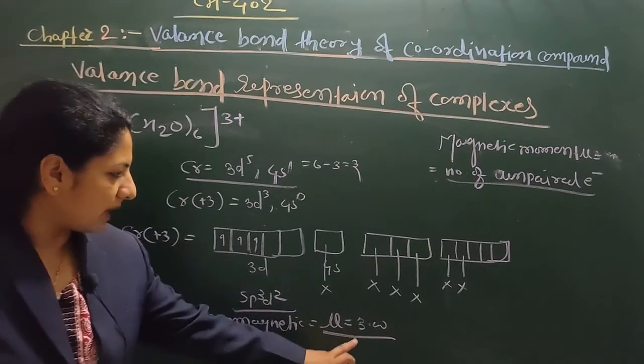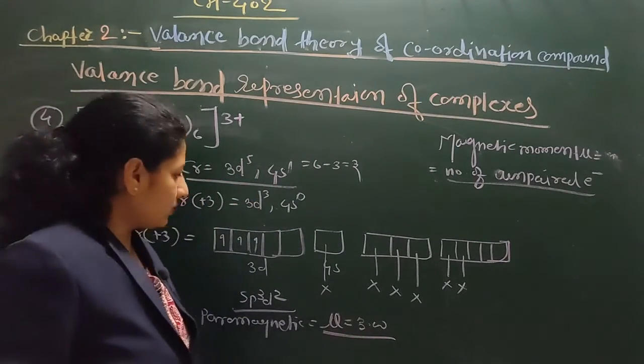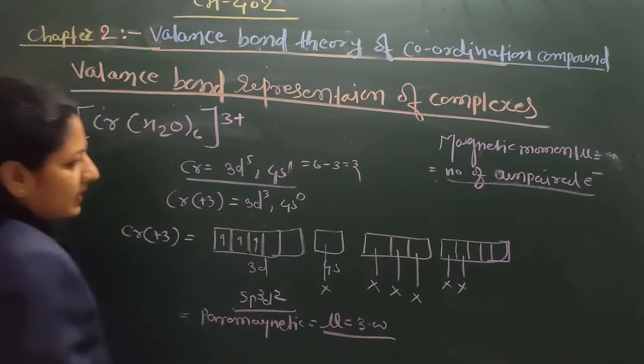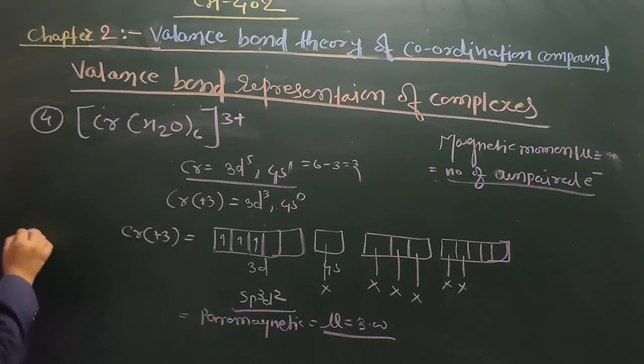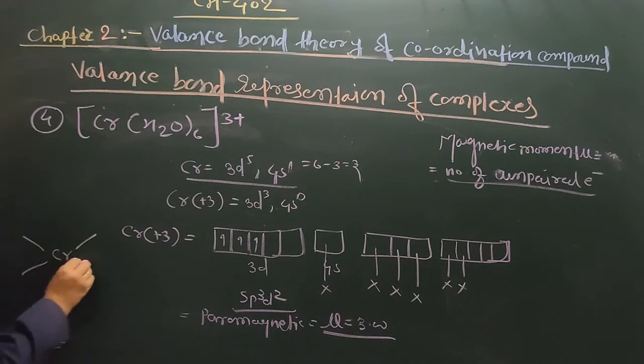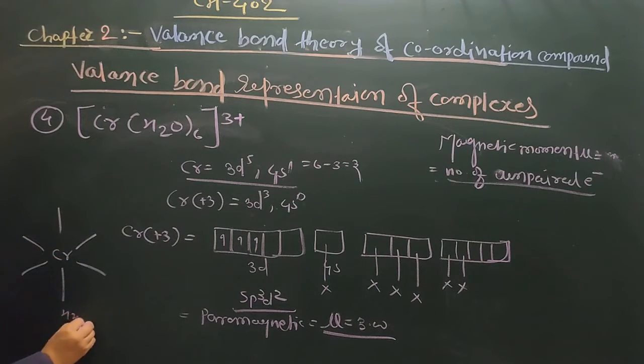So here the magnetic moment is 3 point something. And the complex, as we know, has an octahedral geometry.